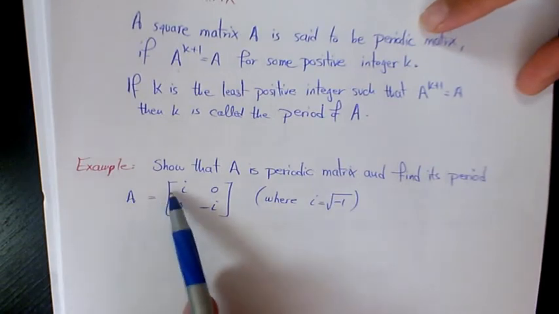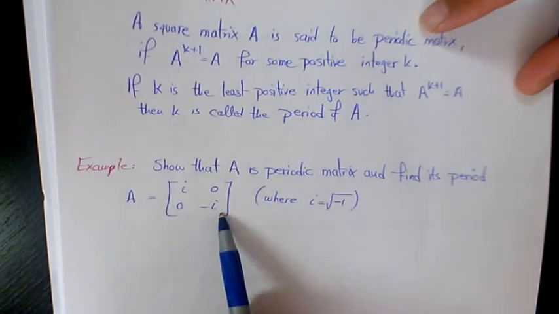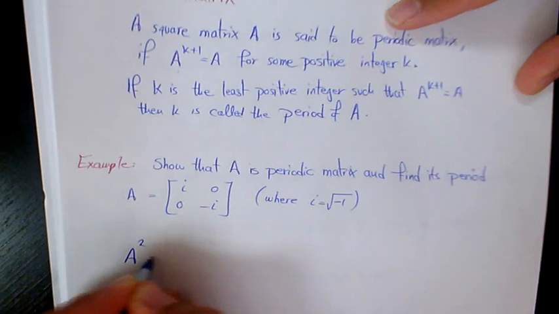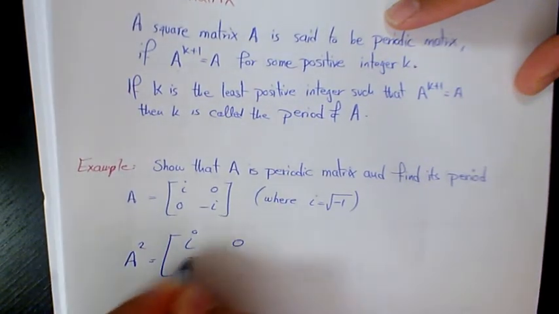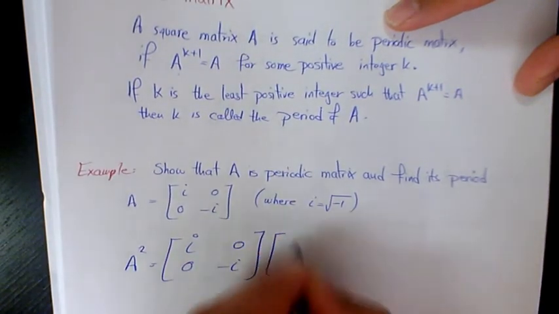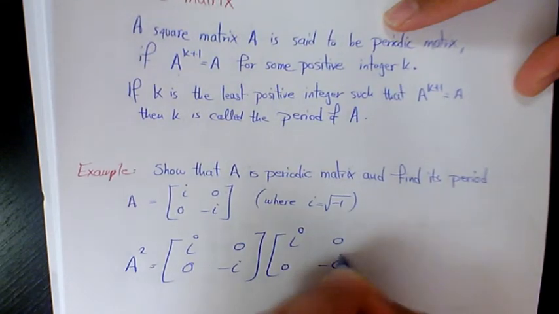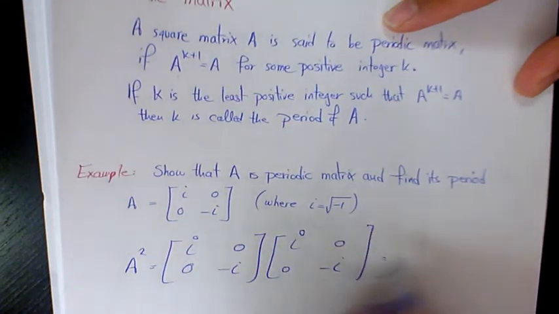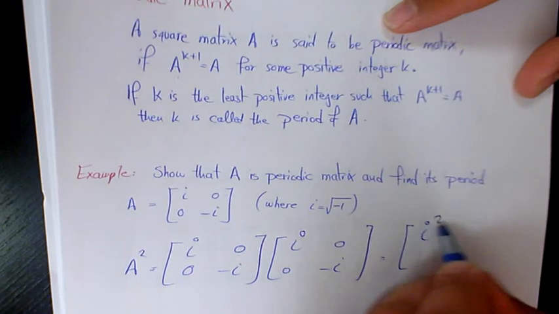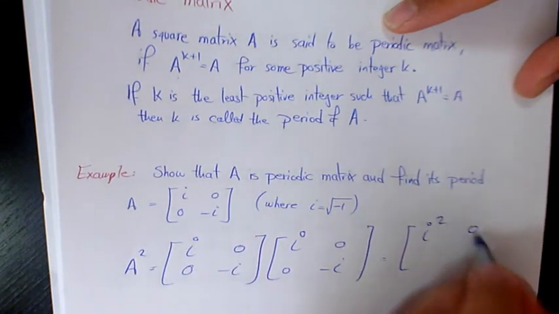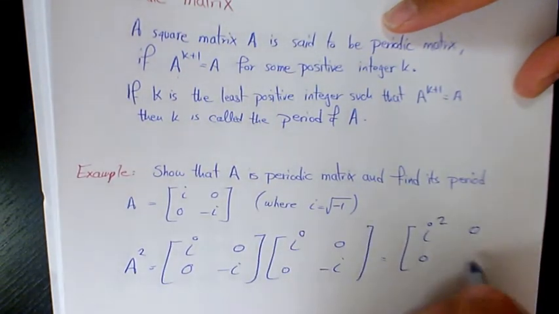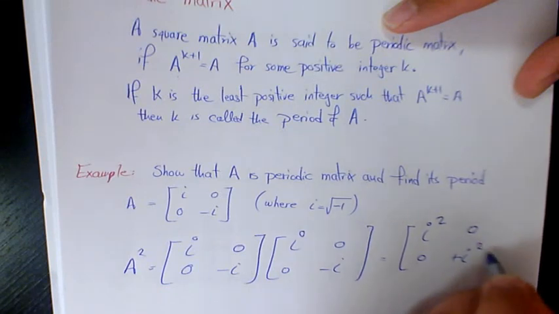A equals I, 0, 0, negative I. So A squared, if we figure out, is going to be I, 0, 0, negative I times I, 0, 0, negative I. That will be I squared, 0, 0, negative I squared.